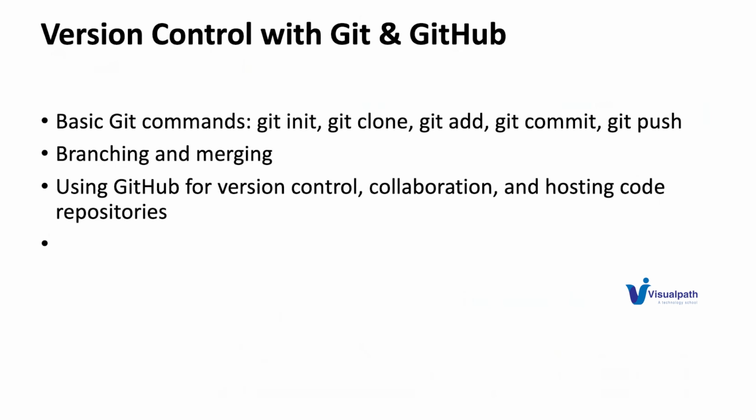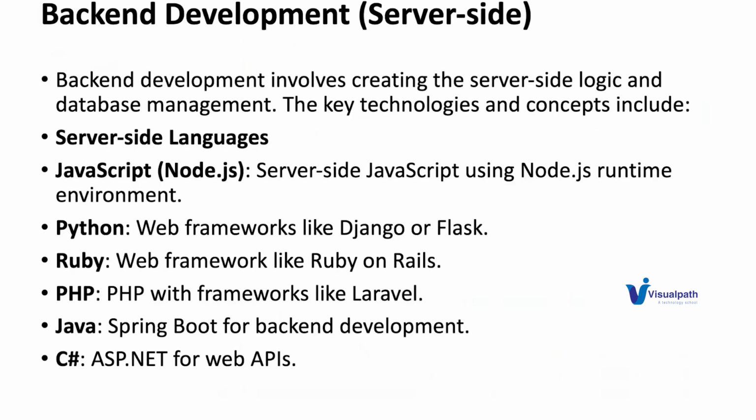Then we come to the backend development. The backend development involves creating the server side logic and the database management. The key technology here is Node.js, which we will be learning. Then you have Python, which is also a good technology. Then you have Ruby.